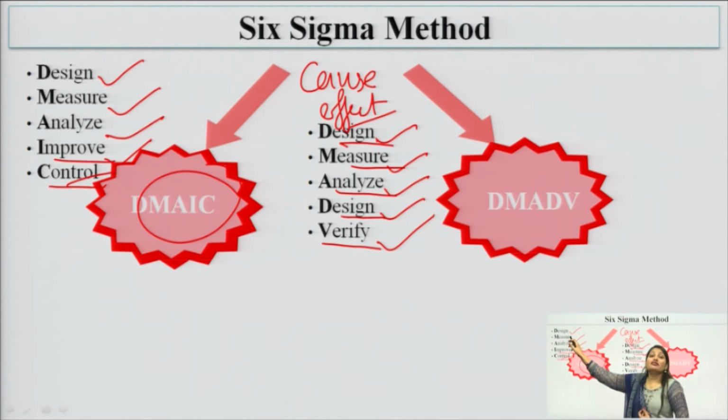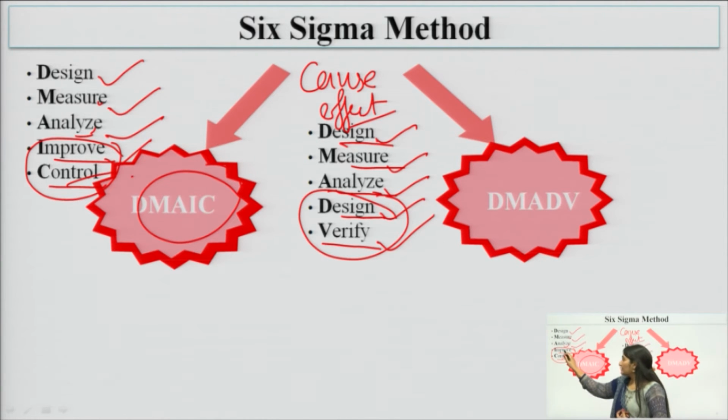In the measure step we perform the measurement; in this also we perform the measurement. In the analyze step, on the basis of the data we obtained from the second step, we perform an analysis and study the cause effect relationship, and this step is the same in both. The difference is in the last two steps. In the first approach there is improvement and control, and in the second process there is design and verify.